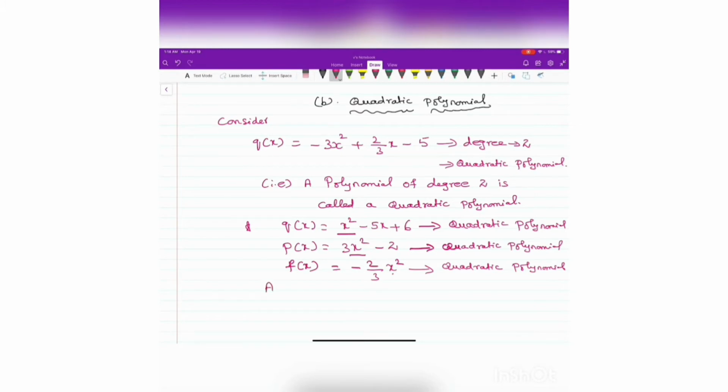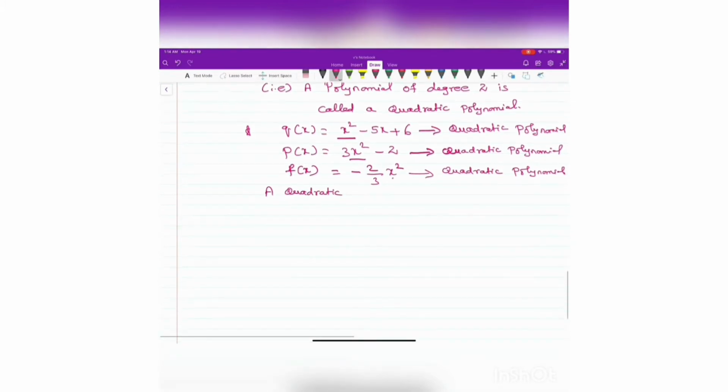A quadratic polynomial can be a monomial or binomial or, here three terms are there, the first example, so trinomial.